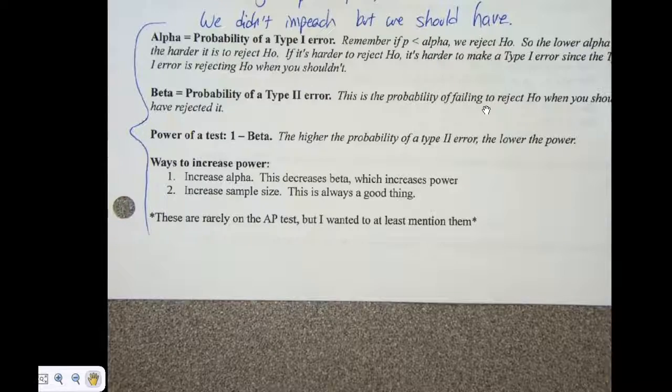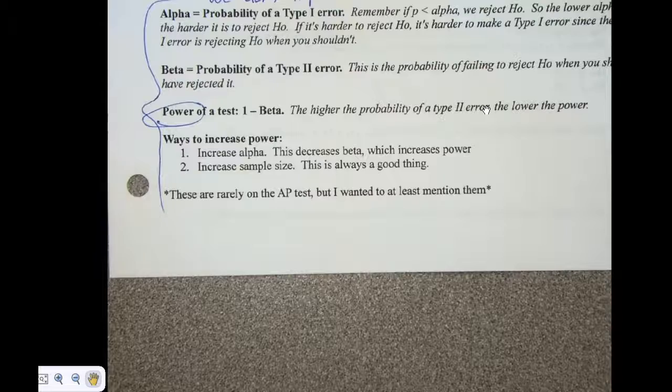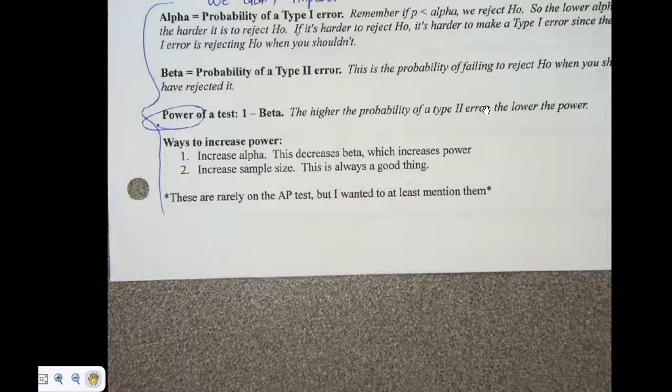But wait, don't turn the page yet, because power is on there. This alpha beta power stuff could be like a semester college class. That's how in depth you can get into it. And they try to brush the surface of it, but to me you shouldn't even bother because you're skimming so thin.